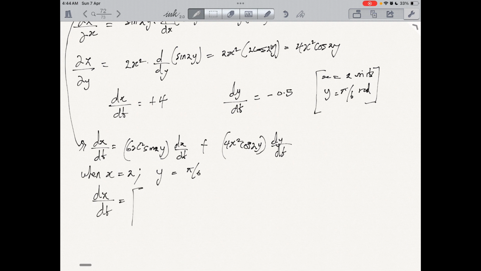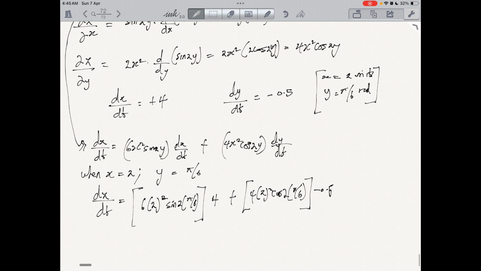It will become 6 into 2 raised to the power of 2 sine of 2 into pi over 6 radians, multiplied by dx/dt, which is 4, plus 4 into 2 cubed cos of 2 into pi over 6 radians, and then we multiply by dy/dt, which is minus 0.5.